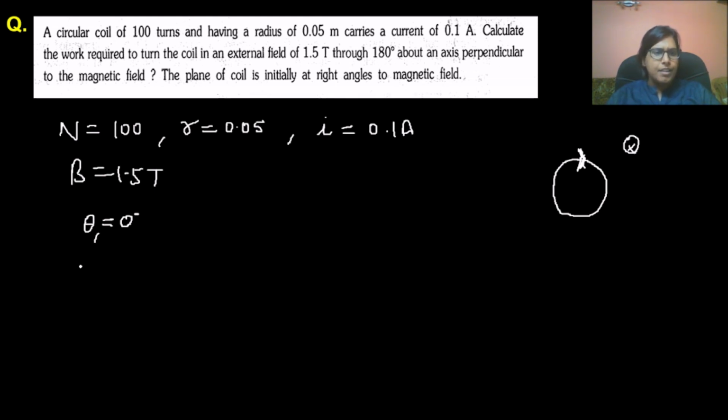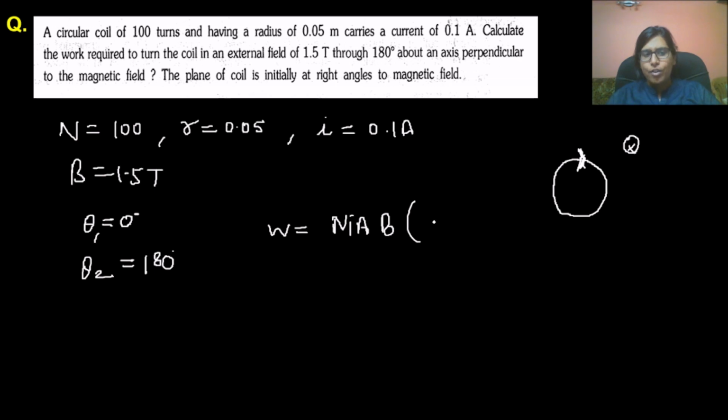And finally, it is saying through 180 degree about an axis perpendicular to the magnetic field. That means finally theta 2 will be 180 degree. So work done will be M is N I A B cos theta 1.